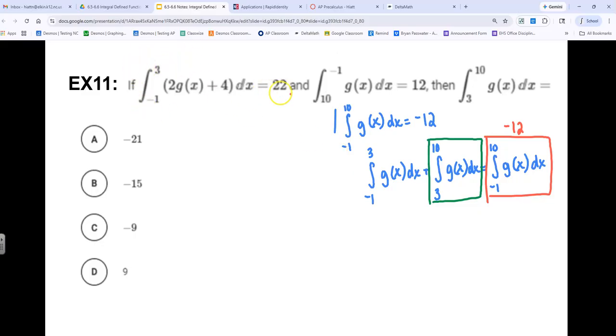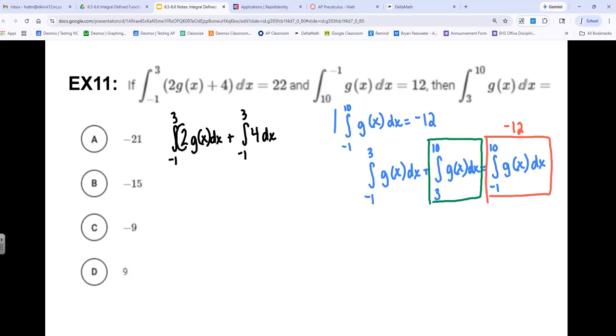So that's where this comes in. So what we want to do is break this down. So this can be the integral from -1 to 3 of 2g of x dx plus the integral from -1 to 3 of 4 dx.